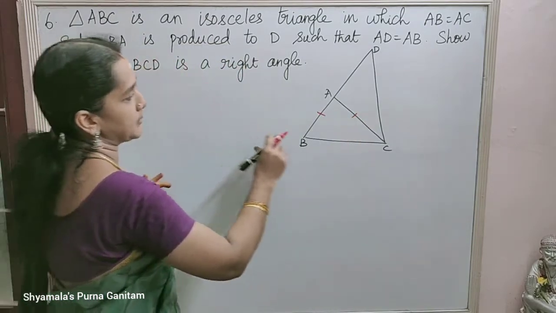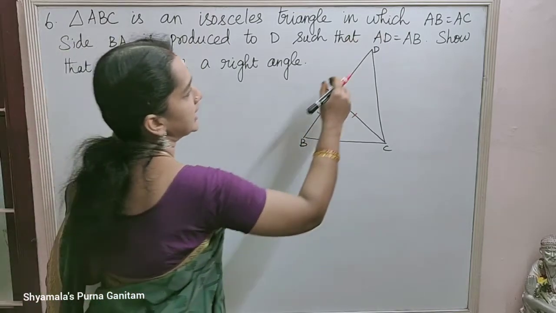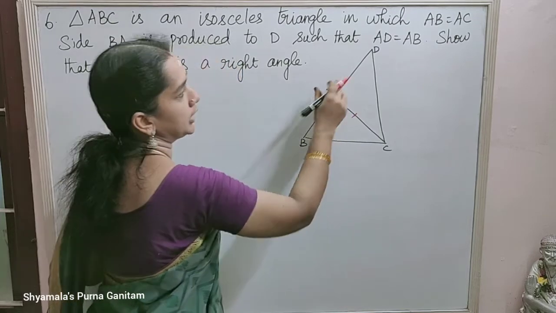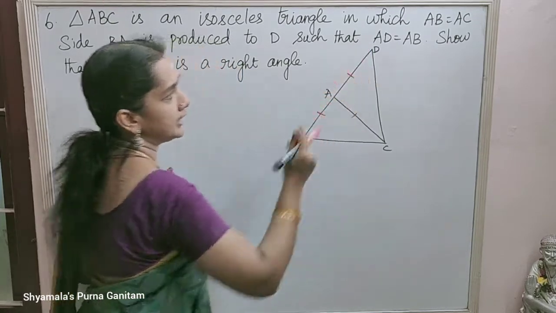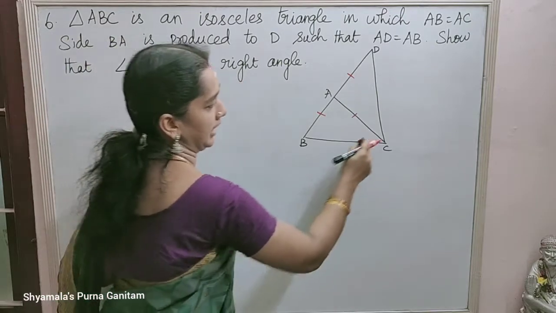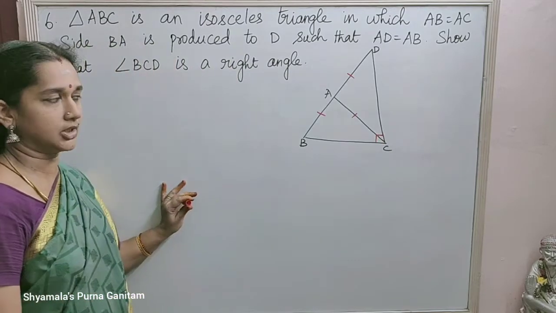Side BA is produced to D such that AD is equal to AB. Show that angle BCD is a right angle.